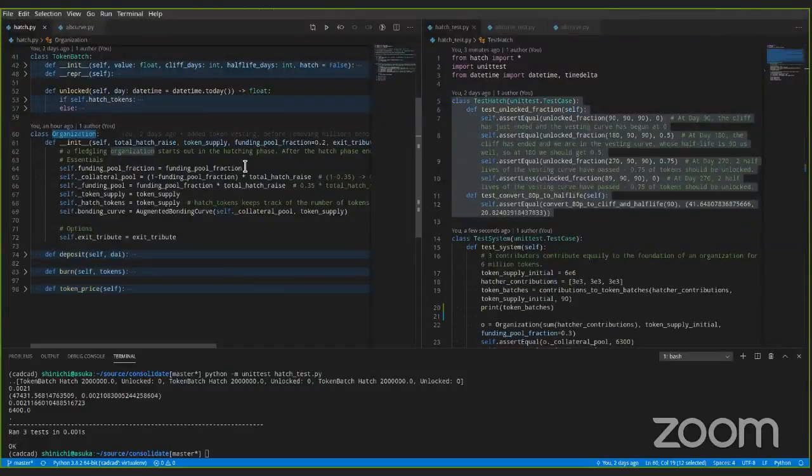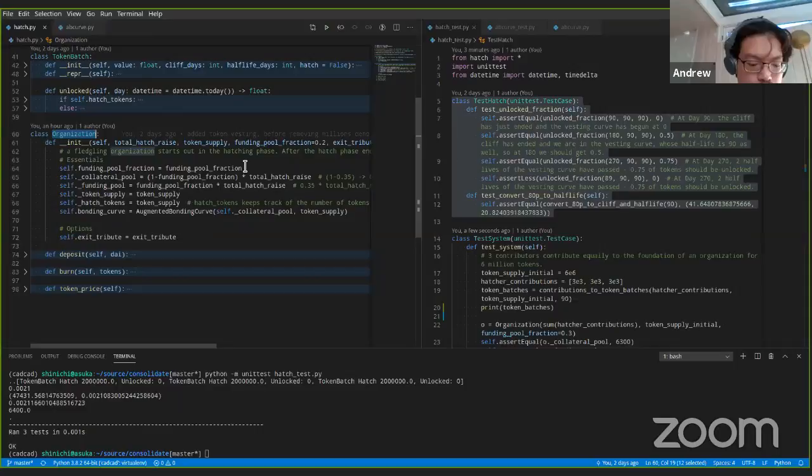It is going to be connected later with the cadCAD simulation, right? Yes. It is not yet done. Actually, connecting this with the cadCAD simulation is not part of the scope of this. The idea is to have an organization, and you already know kind of how the logic works.